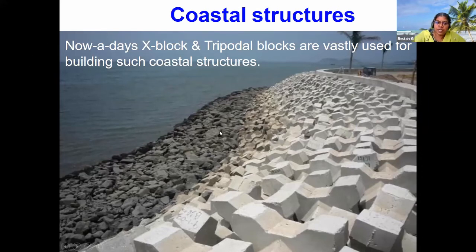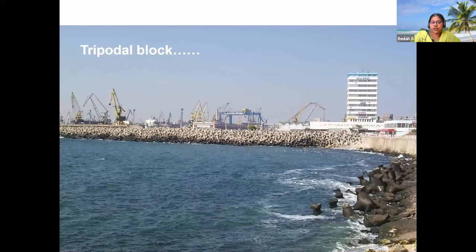So the tidal waves, the energy of the water current, is reduced considerably. Previously you have the tripodal block, and you have another sort of tripodal block along the sea. See here how they are piled up just to protect the seashore from the harbor. So this harbor is protected from the ocean waves.